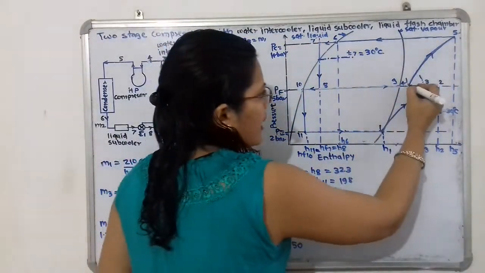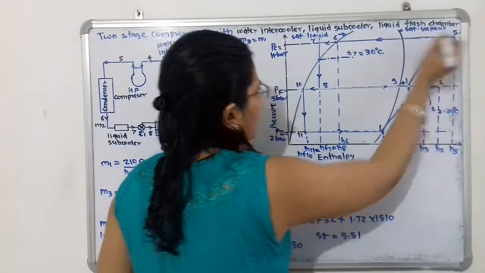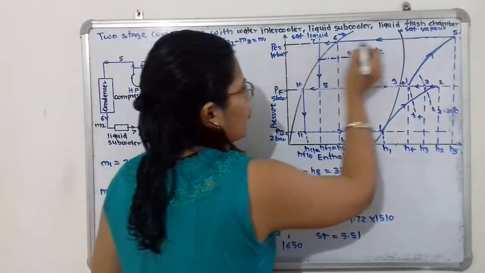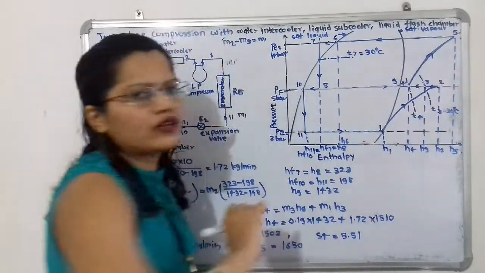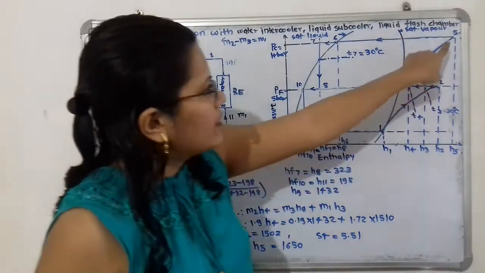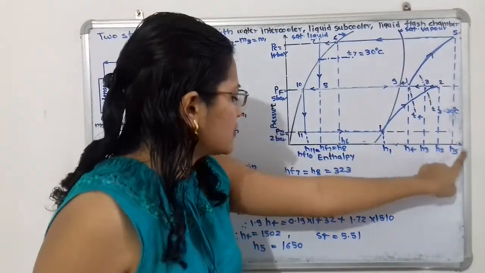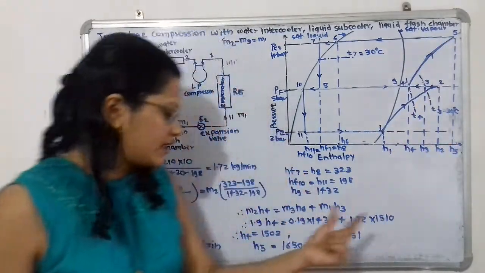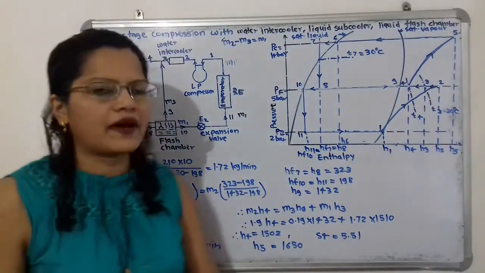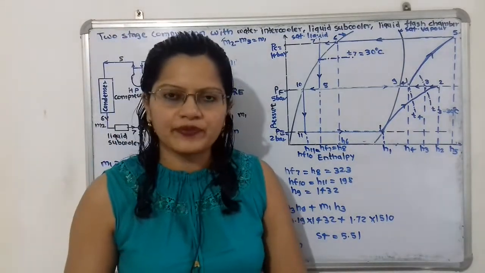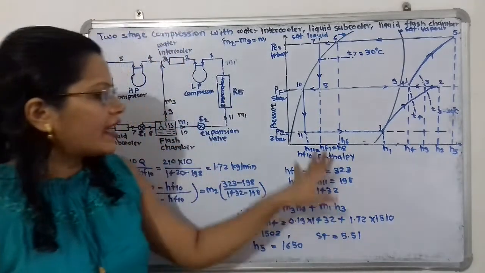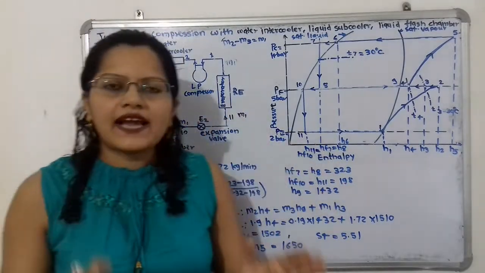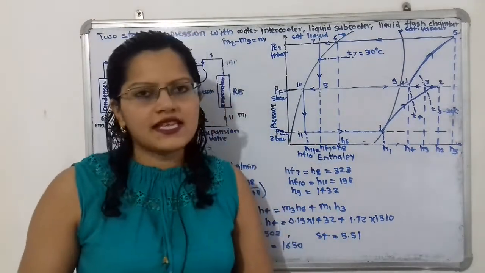So here we select the constant entropy line, and this is the pressure of 14 bar. Here is the point of intersection, and when we extend it, it gives us H5, that is H5 is equal to 1650 kilojoule per kilogram. So in this way all the enthalpies at all the points are selected.